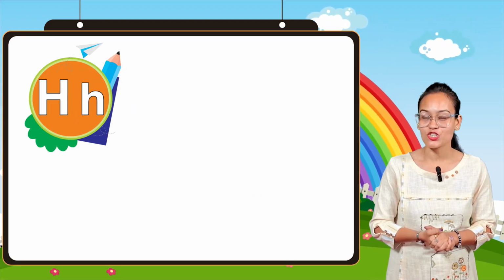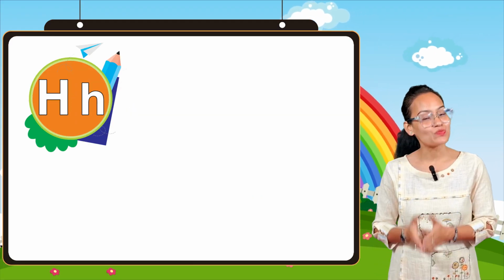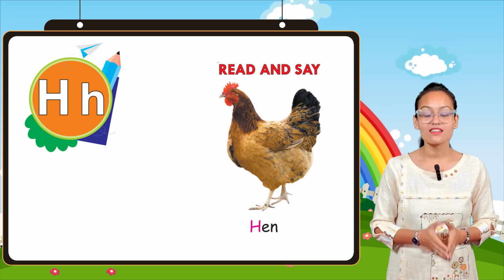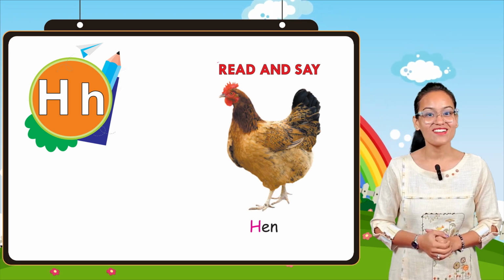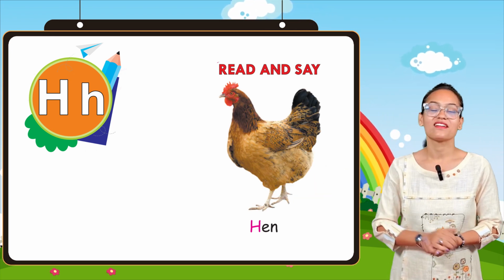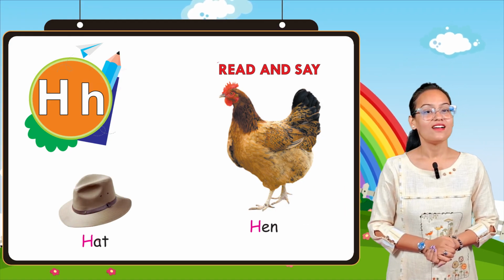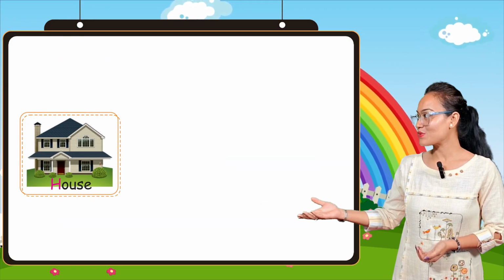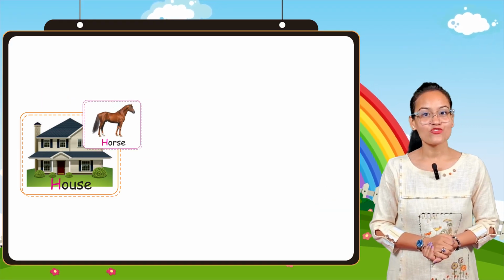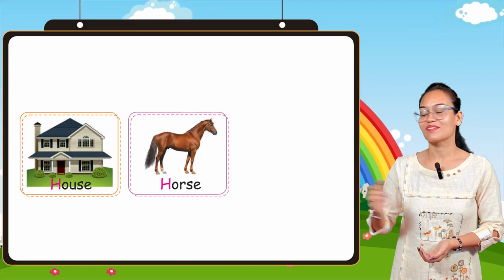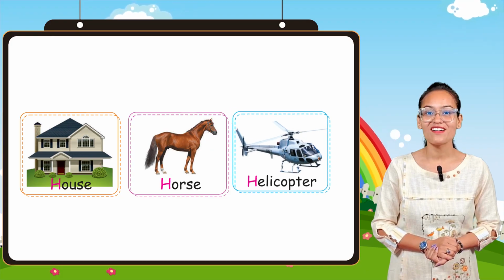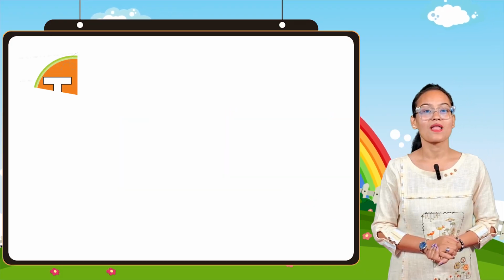Alphabet H. Capital H, small h. Read and say: H for hen, H for hat, H for house, H for horse, and H for helicopter.